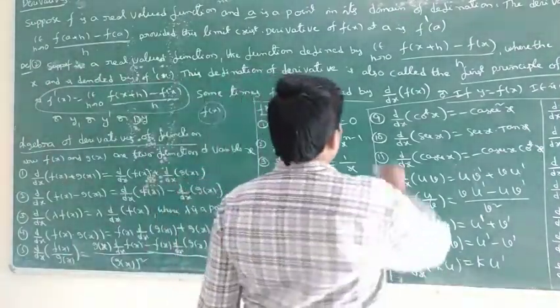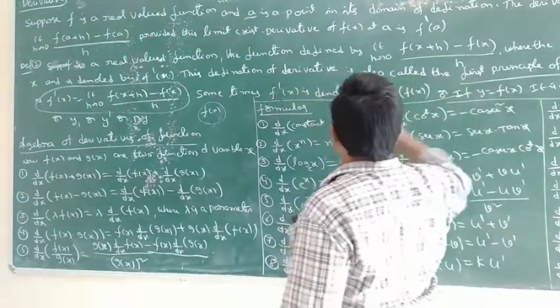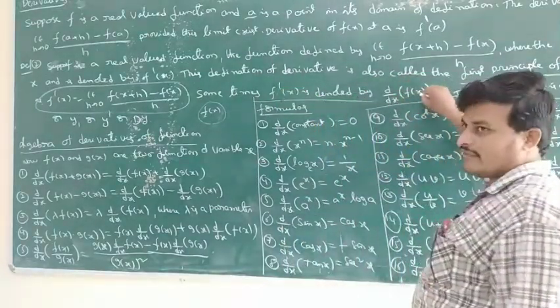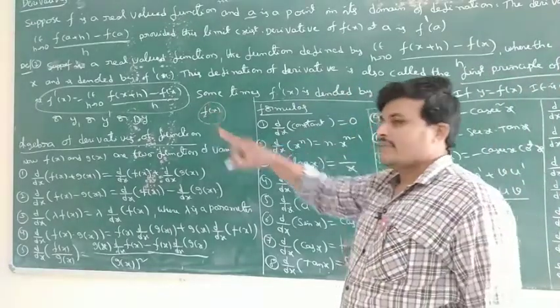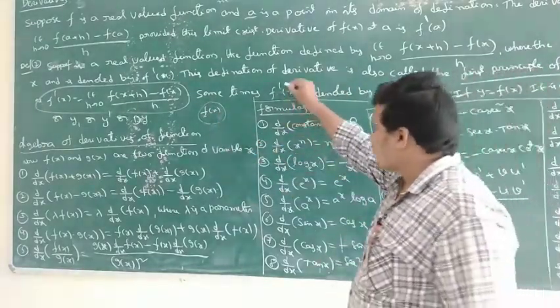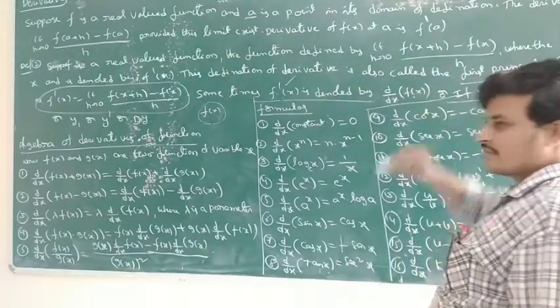The derivative of f of x is denoted by f dash of x or d by dx of f of x.